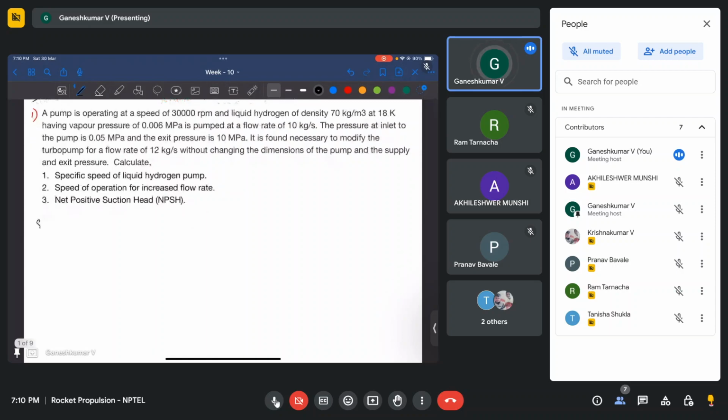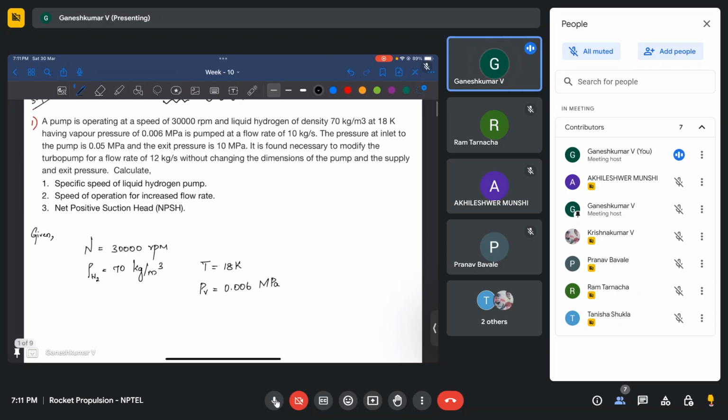Let me just quickly write the given so that it's very clear, so that maybe everyone can understand the question better. So there is a liquid hydrogen pump which is running at 30,000 rpm. Density is 70 kg per meter cube. This is the density of liquid hydrogen, and temperature is also given. This is the temperature at which it is stored, 18 Kelvin. And then there is a vapor pressure given, which is 0.006 megapascals.